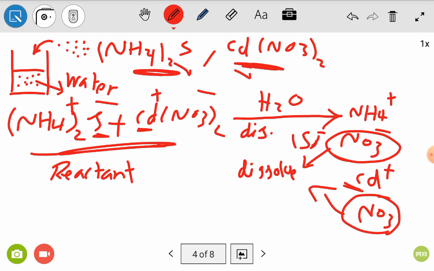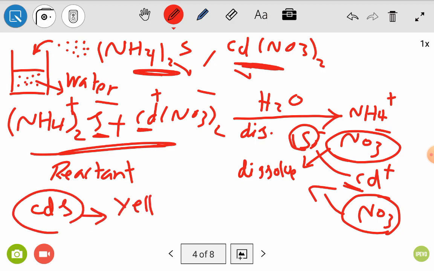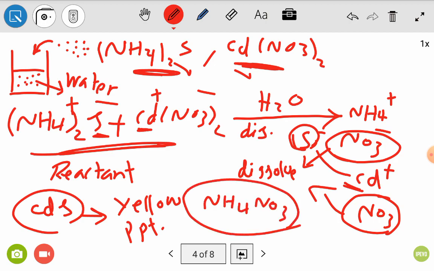But for cadmium and sulfur, which is the negative ion, we will find that the sulfur and the cadmium are going to react together, forming something known as cadmium sulfide, which is a yellow precipitate. And the other aqueous solution here is supposed to be NH4NO3, which is ammonium nitrate in the form of an aqueous solution. Aqueous solution means it's already ionized.